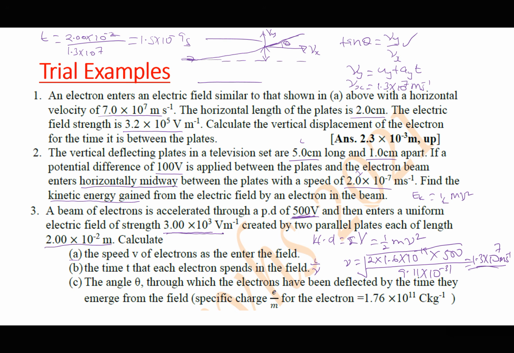Note that they have given you that e over m is 1.76 times 10 power 11. So when I'm calculating the acceleration and I see e over m, after all, the force, which is mass times acceleration, is equal to Q times E, or it is equal to small e times capital E.